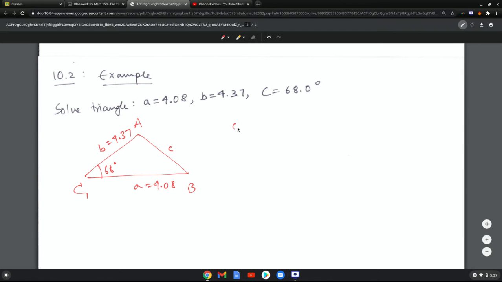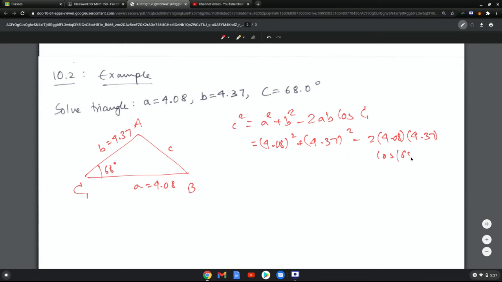So what we have is c squared is a squared plus b squared minus 2ab cosine of C. Plug in these values: 4.08 squared plus 4.37 squared minus 2 times 4.08 times 4.37 cosine of 68 degrees.